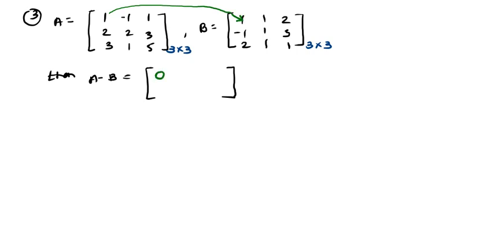Then minus 1 minus 1 will be minus 2. 1 minus 2 will be minus 1. 2 minus minus 1 will be 3. 2 minus 1 will be 1. 3 minus 3 will be 0. 3 minus 2 will be 1. 1 minus 1 will be 0. And then 5 minus 1 will be 4. So this is how we subtract two matrices.